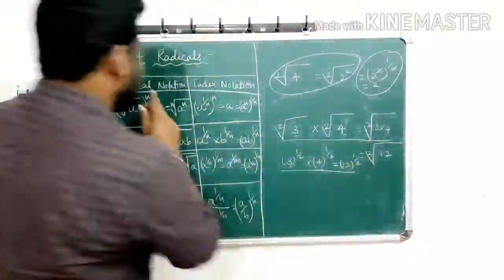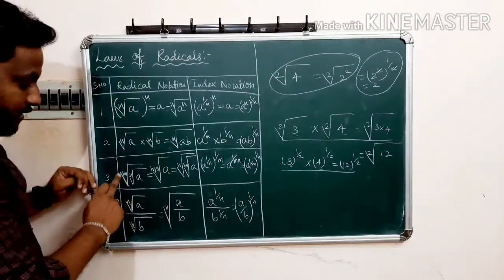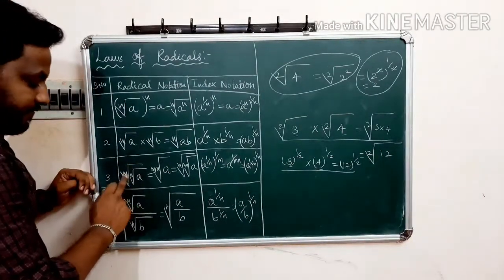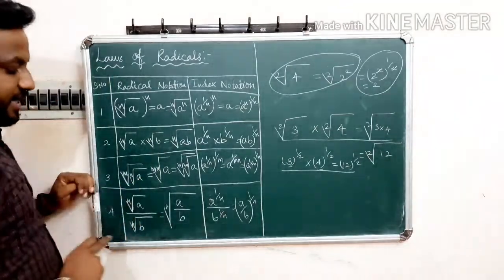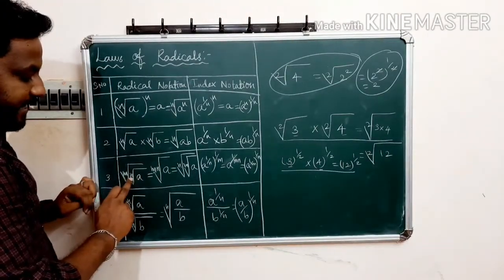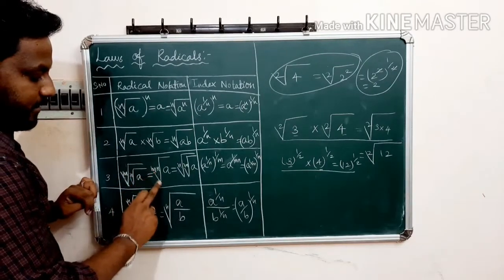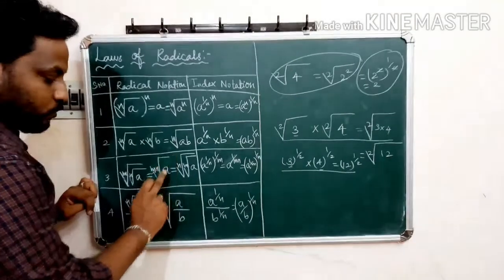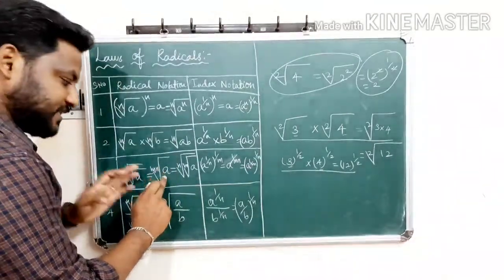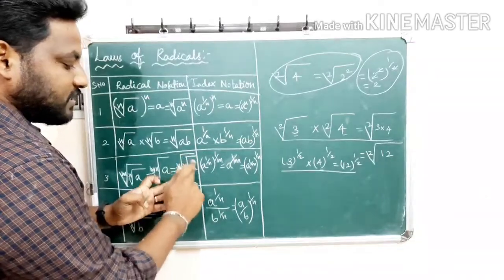This is radical notation. Same way, the third type: the mth root of the nth root of a. The two roots are given, m and n, so we have to multiply these two roots, giving the mnth root of a.